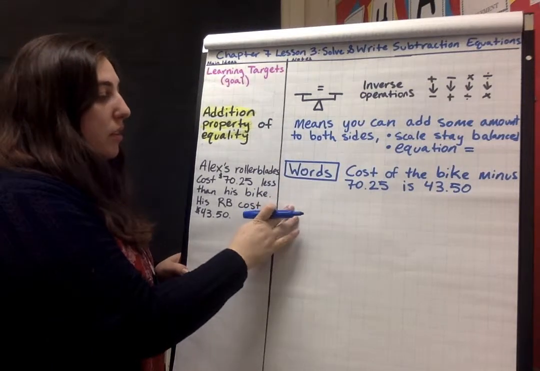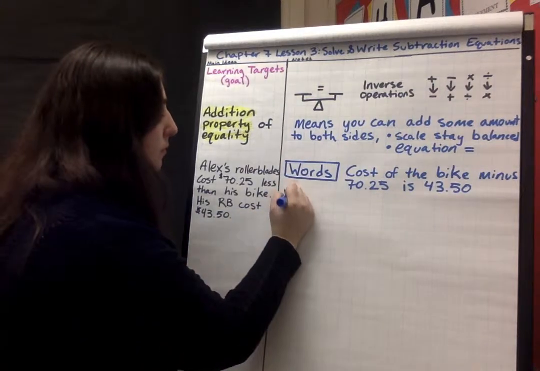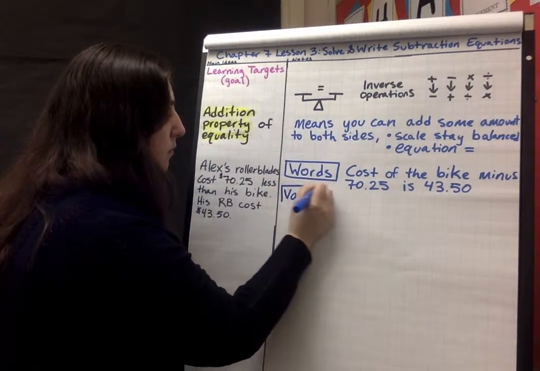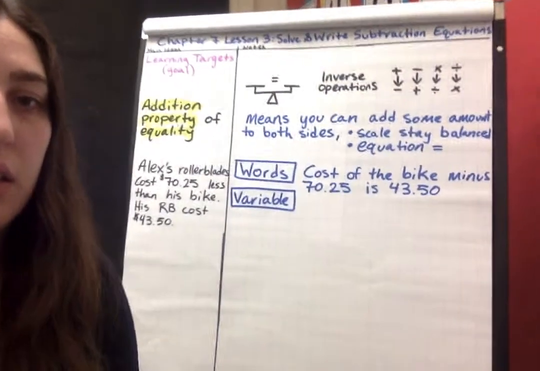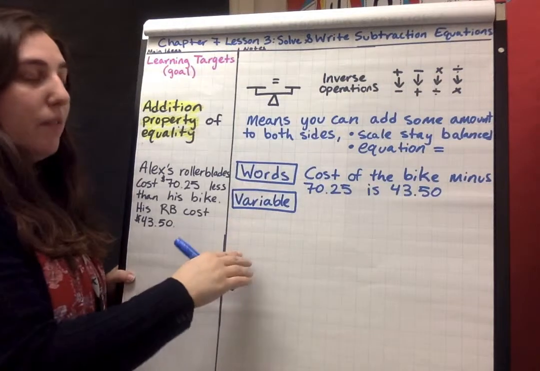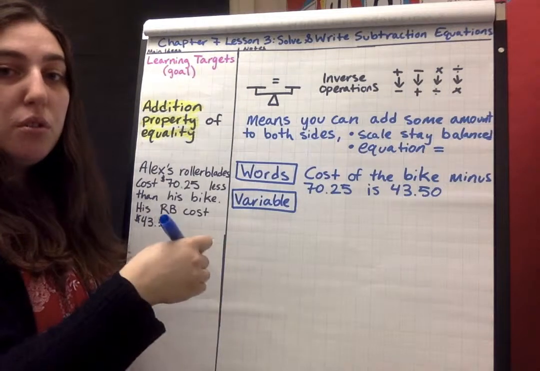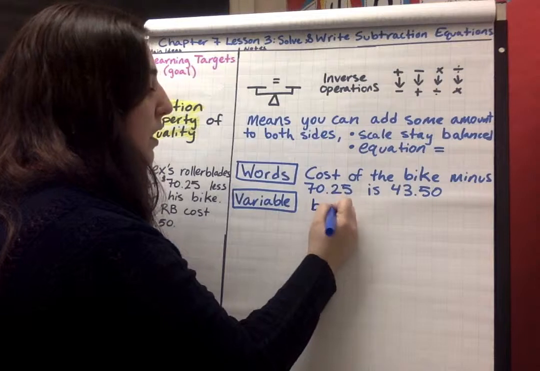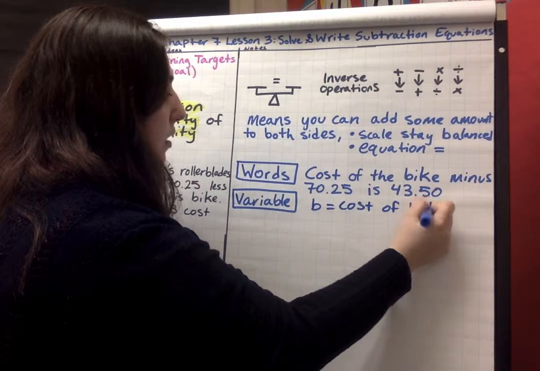Now let's write down the variable. We have to define the variable. Move this a little in case you can't see it. Okay, so our variable here, I'm going to define the variable as the cost of the bike, and I can choose any letter, but I'm going to choose the letter B. So B equals cost of bike.